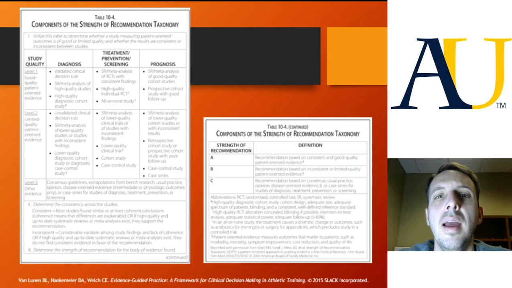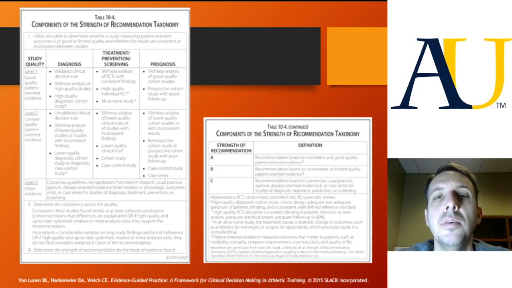So if we were looking at, for example, the ability of ultrasound to treat muscle strains, a study that assessed the ability of ultrasound to increase intramuscular tissue temperature would automatically be level 3 evidence, despite how high quality it might be, because intramuscular tissue temperature is not really patient-oriented.